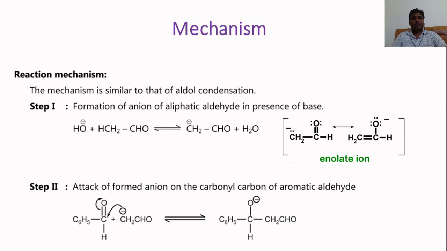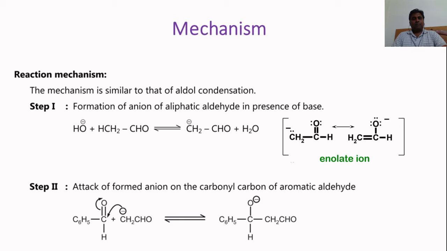Now as I told you earlier, Claisen-Schmidt condensation involves formation of enolate ions specifically because of the presence of an aldehyde or a ketone or an ester with alpha hydrogen atoms.